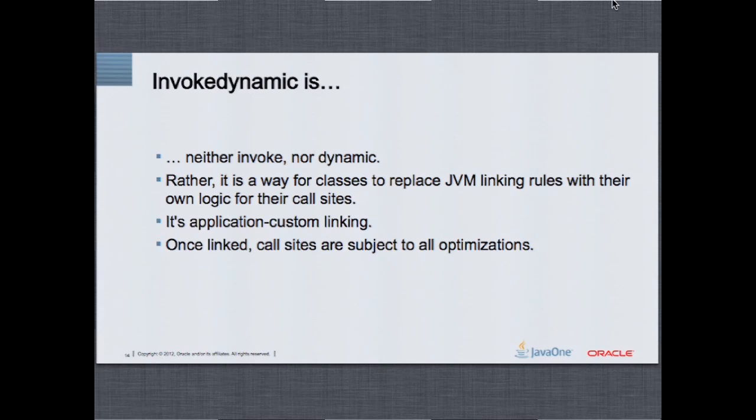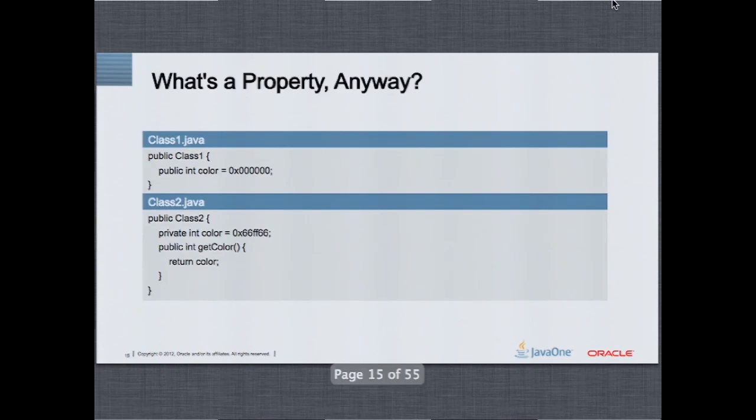And there is a whole set of rules in the JVM specification that tells you how the JVM will find the target class, doing virtual dispatch if it needs to, find the method in it, and call into it. Obviously, a linkage happens there as well. Invoke dynamic is basically a way for your applications to use any linkage they want. They can govern their own linkage. They can specify that at this point in a call, I want to determine what method gets called.